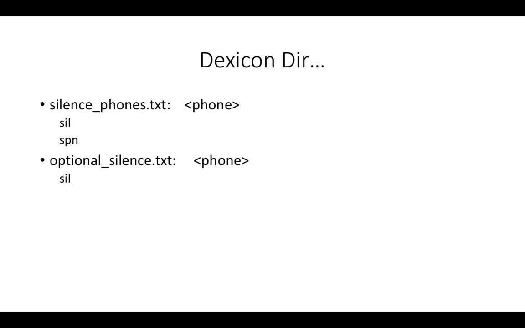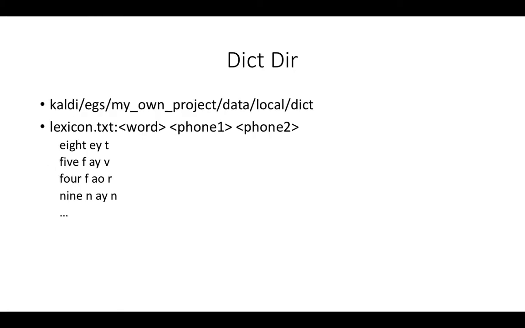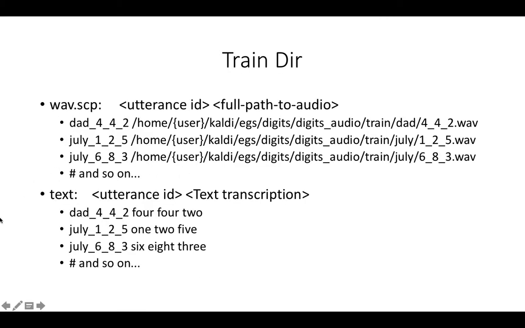Okay, so once this is prepared, then comes the language model part. The text used for the language model is the text of the training data. As we have seen, this is the text file. The text file contains the utterance ID and the text transcription.